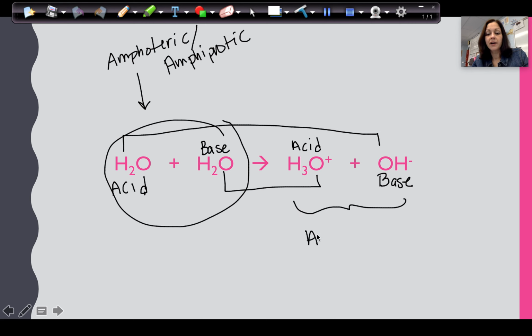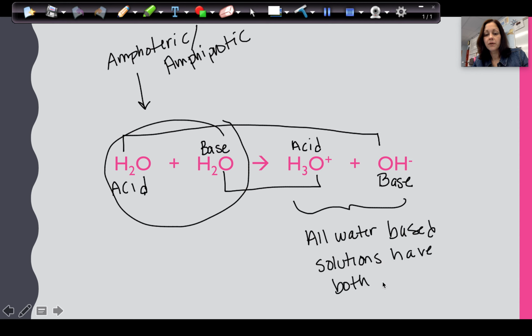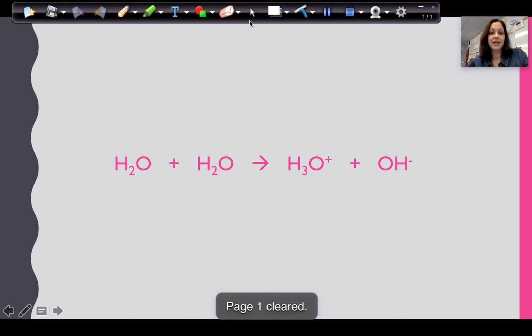This is why all water-based solutions have both H3O plus and OH minus, because when water autoionizes, or exchanges H pluses with itself, we make these ions in every solution. So it's the ratio of the H3O plus and the OH minus that tells us whether a solution is going to be acidic or basic.